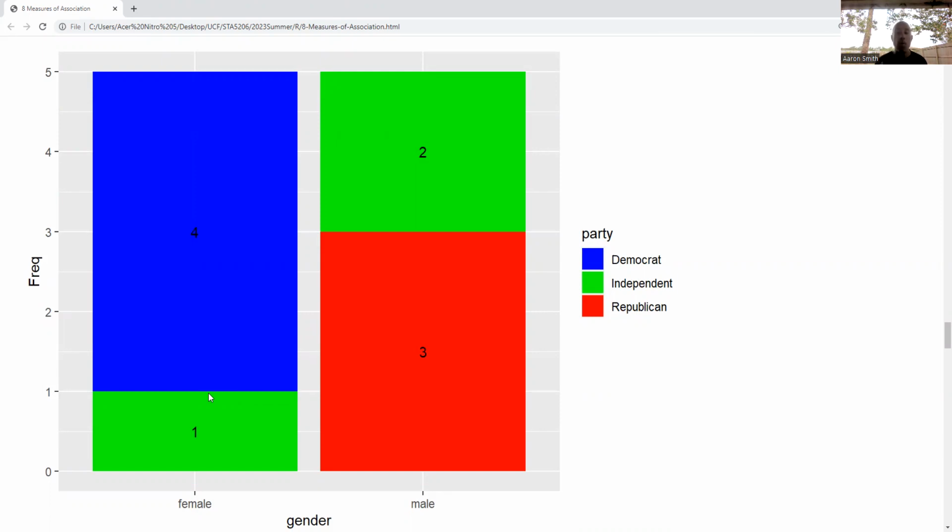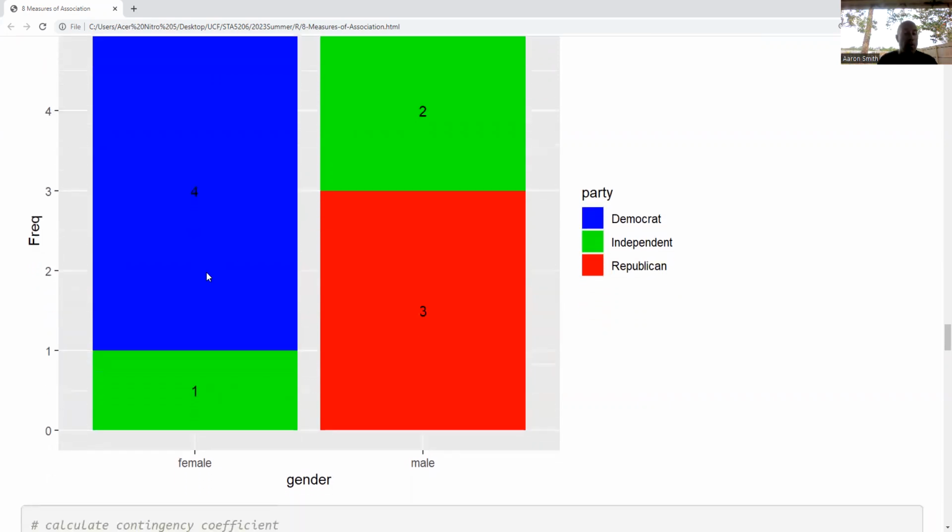We can see that there are no Democrats in the male column. All right, so this is fake data. This is not real data, but this gives us an idea of how to interpret if I see no level appearing with another level or very, very minimal count. That's an indication of something going on between the two nominal variables.